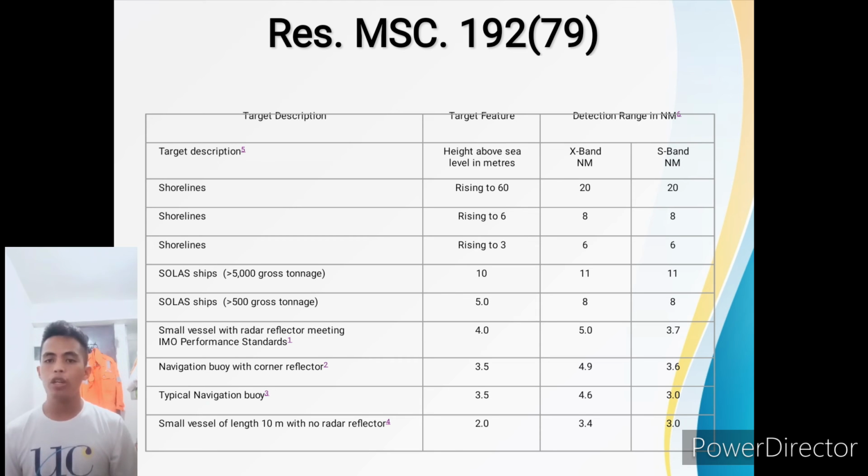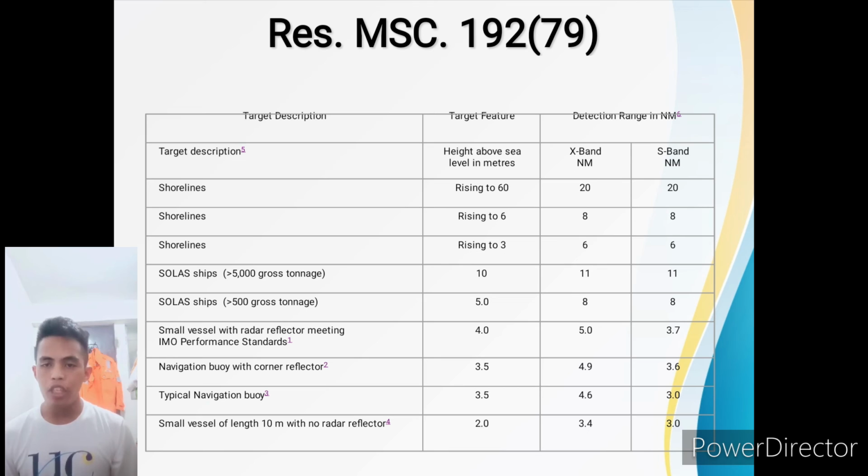The small vessel with radar reflector meeting IMO performance standards, with height above sea level of 4.0 meters: the X band is 5.0 nautical miles. The S band is 3.7 nautical miles.